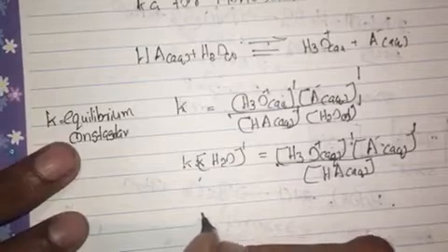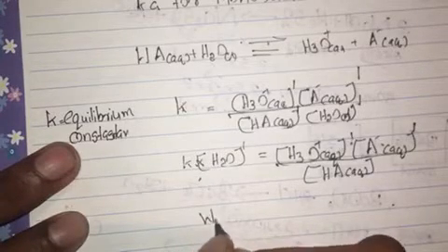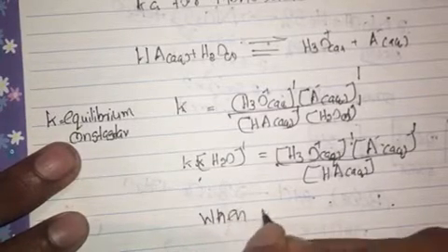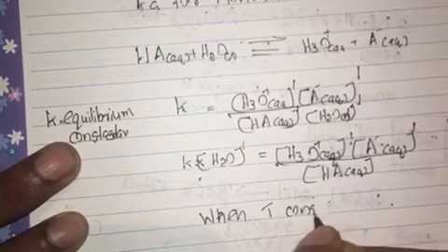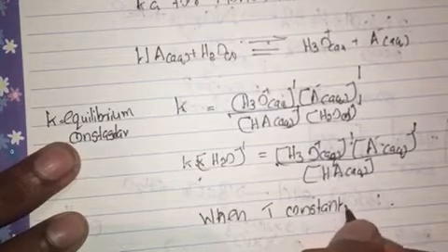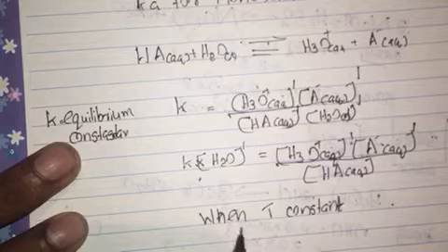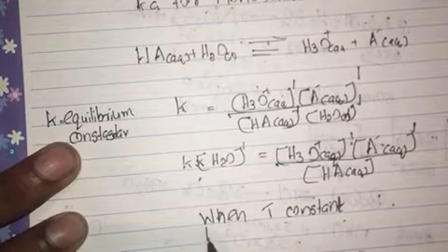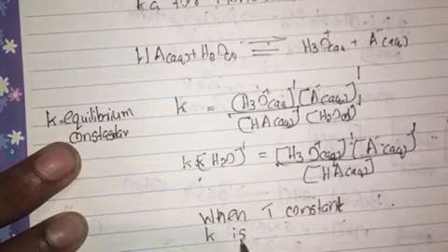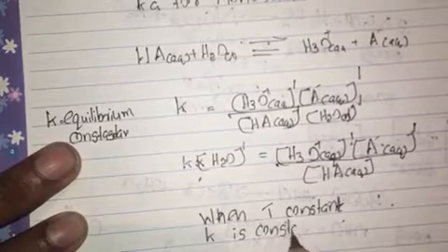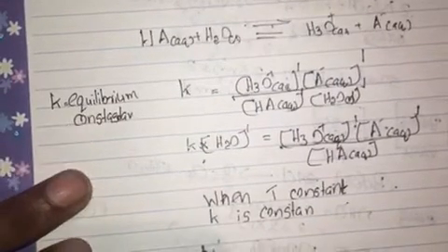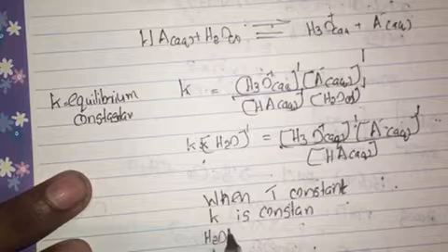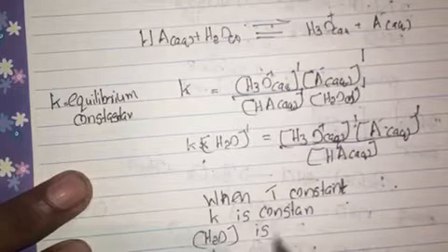When T is constant, we know K is constant. We know water concentration is constant.